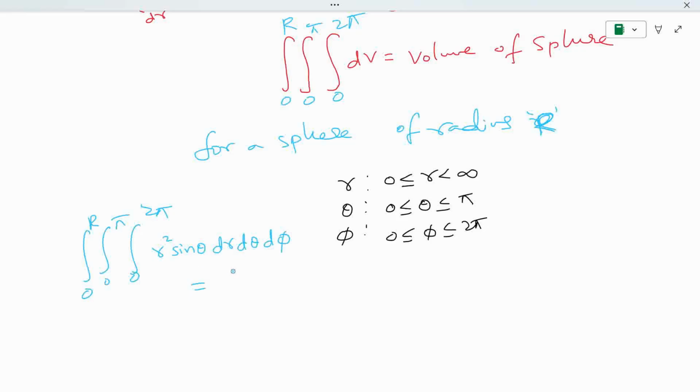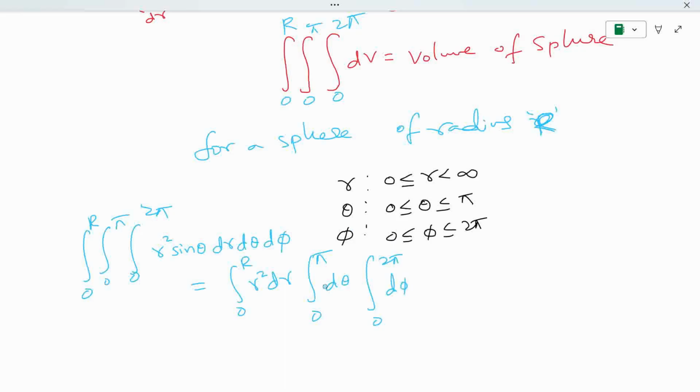It will be like this: 0 to R of r square dr, multiplied by 0 to pi, and the corresponding one is d theta, and the other one is 0 to 2 pi d phi.